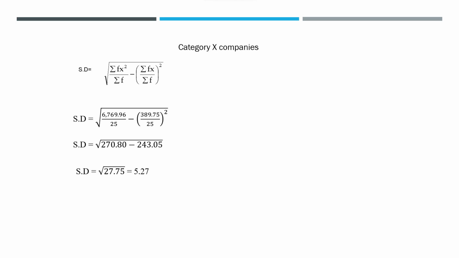This is under root sigma fx square divided by sigma f minus sigma fx divided by sigma f whole square. Once we put the values in this equation, we get the answer as 5.27. So the standard deviation of the price earning ratios for category X is 5.27.